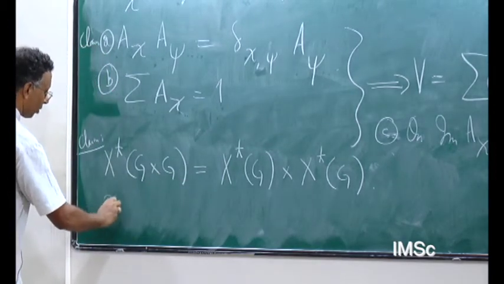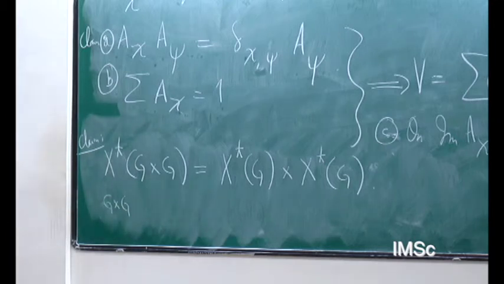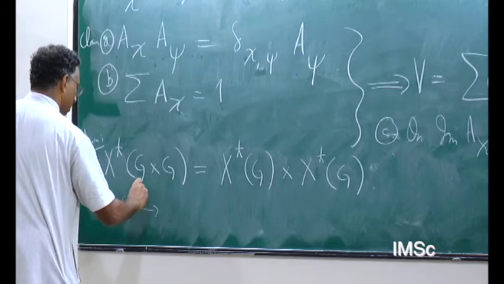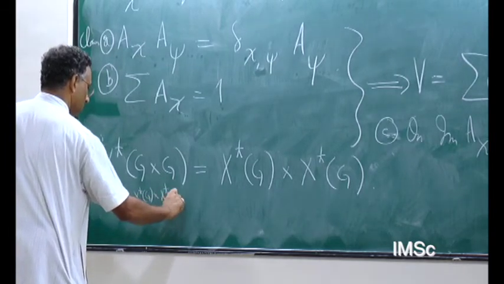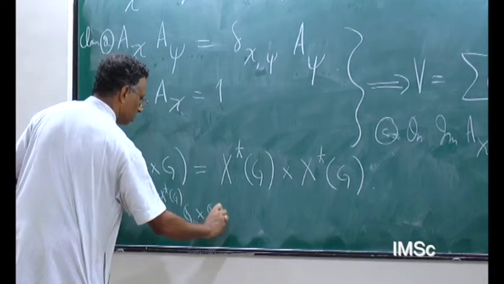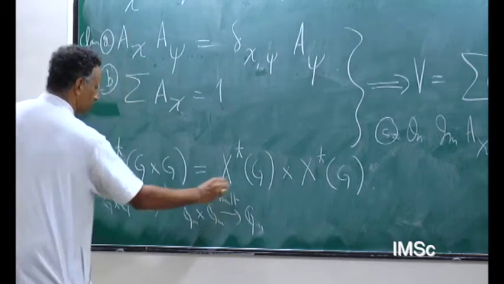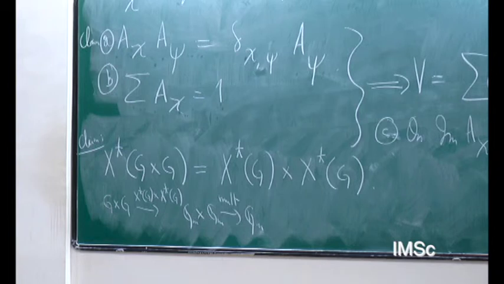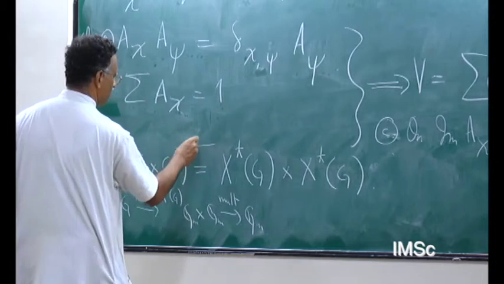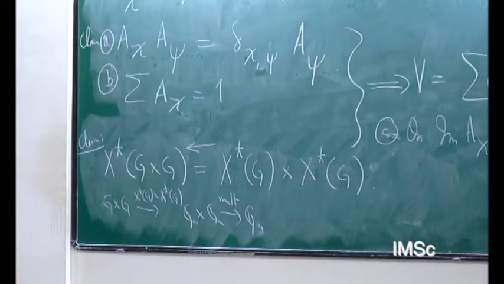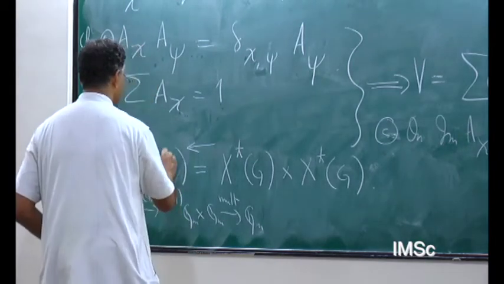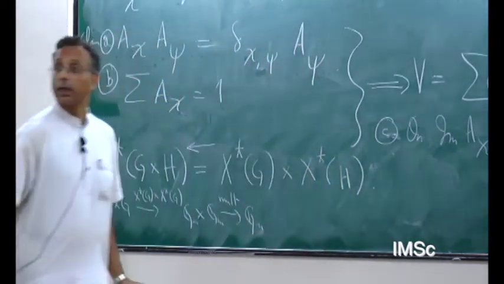So G cross G gives us a map this way. So this tells us there is a map this way. Correct?